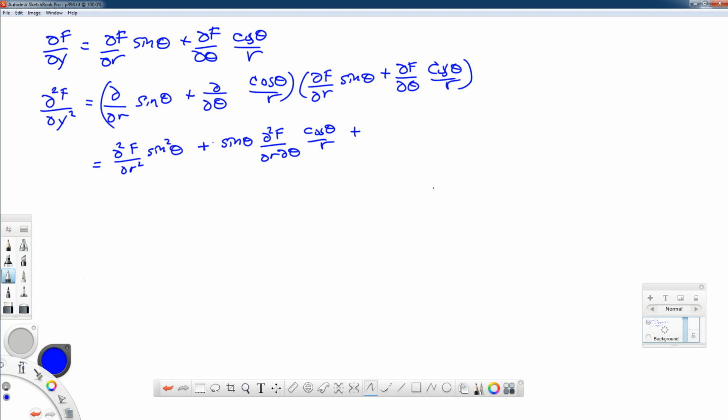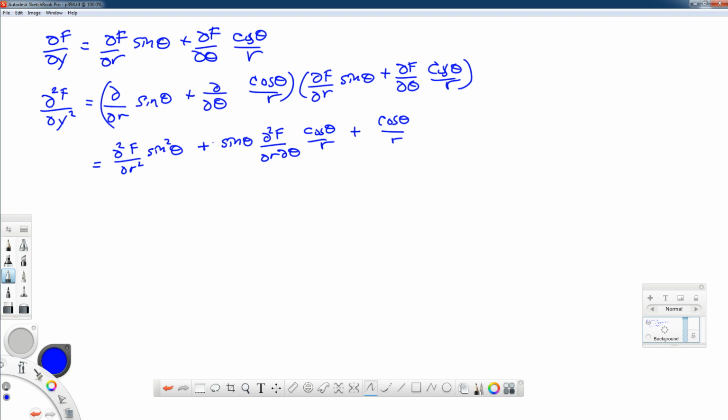Alright, so let's see here. We're going to take this second term multiplied by this first term. Now the cosine theta over r, that's just kind of a constant term there. We're not taking the partial derivative of that.